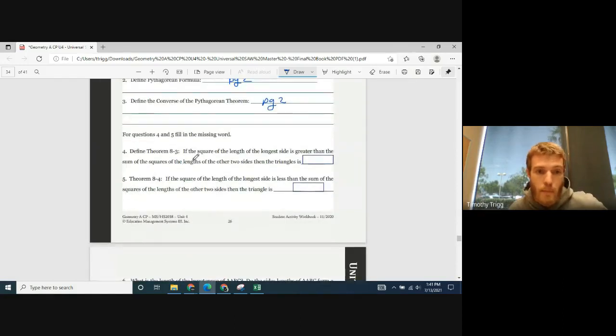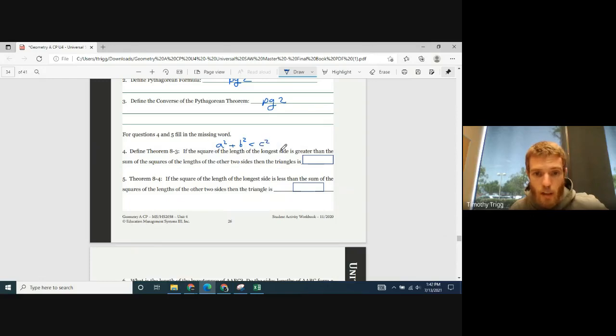For number 4, it says if the square of the length of the longest side is greater than the sum of the squares of the lengths of the other two sides, the triangle is... So what it's saying for number 4 is that a squared plus b squared is less than c squared.